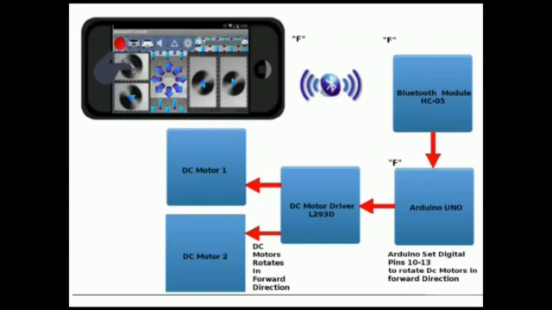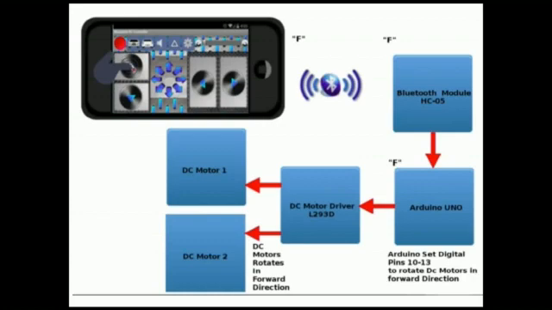Now let me try to explain the working of this project using this figure. The circuit will get ready to receive commands once the Android application is successfully paired with the Bluetooth module HC-05. When a button is pressed, a value will be sent and received by the Bluetooth module.